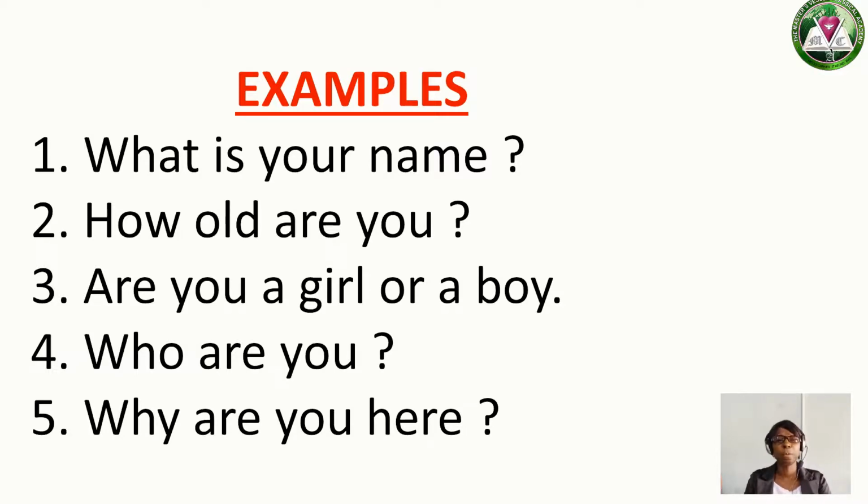Now, number 2, how old are you? This is a question. And because it's a question, you must end it with a question mark. Number 3, are you a girl or a boy?